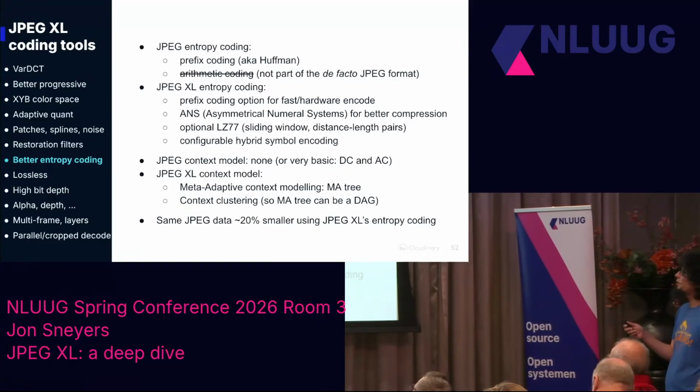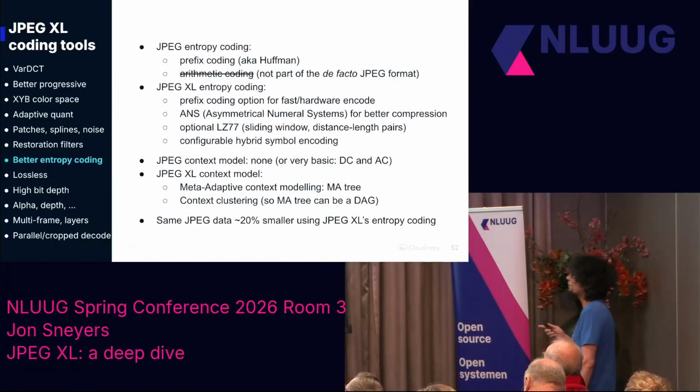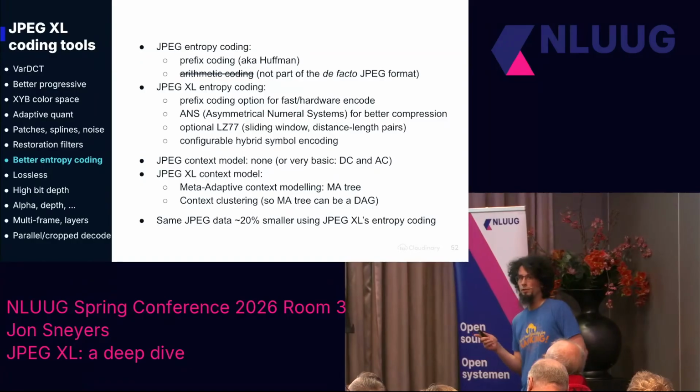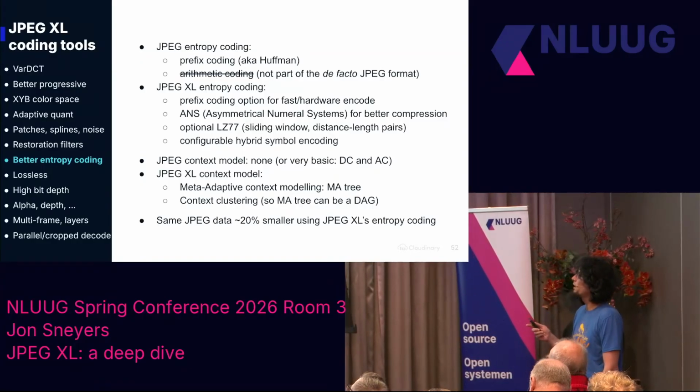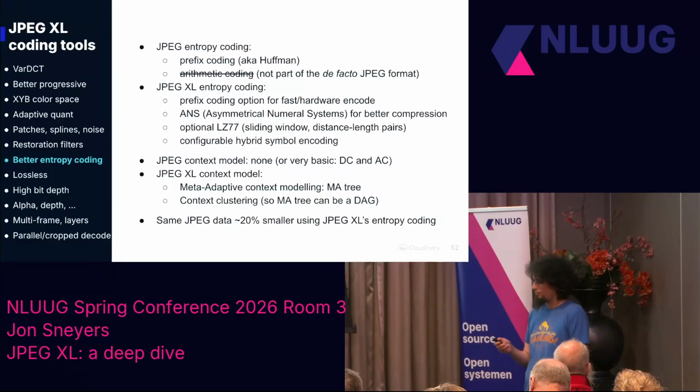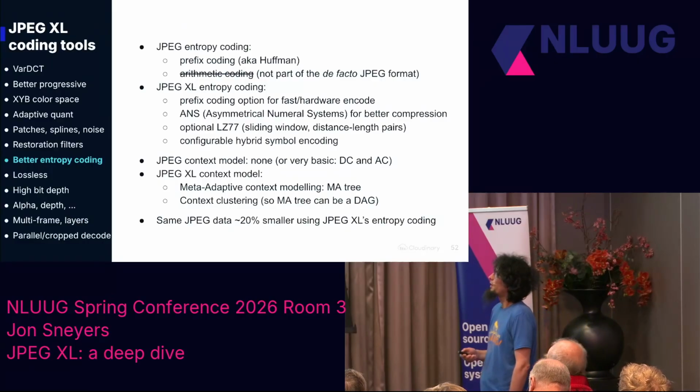In JPEG XL, we kept the option to do Huffman coding because it's still useful if you want very fast encoding. But the main entropy coding that we use is ANS, which is a relatively recent entropy coding method that can bring better compression.